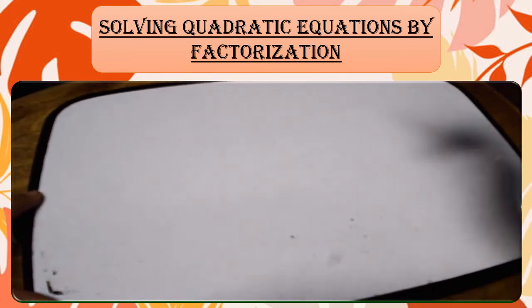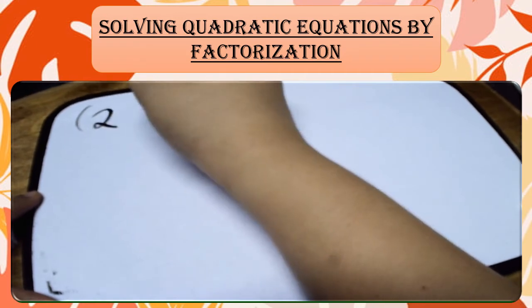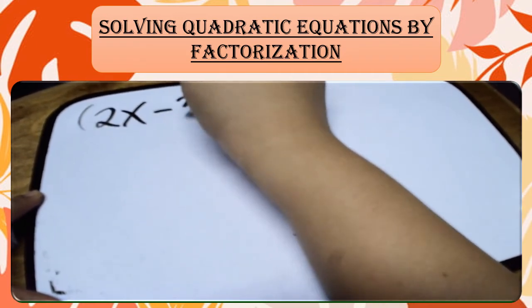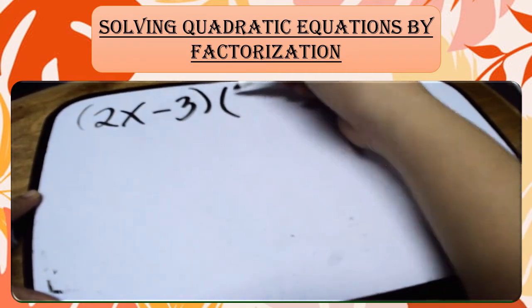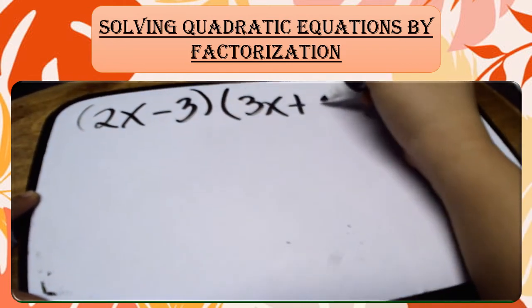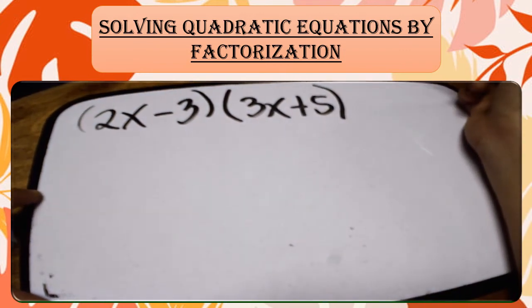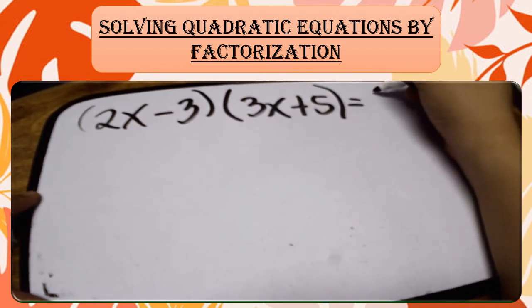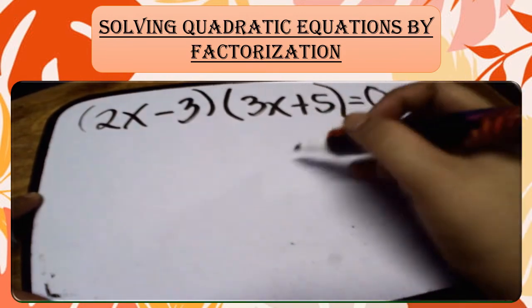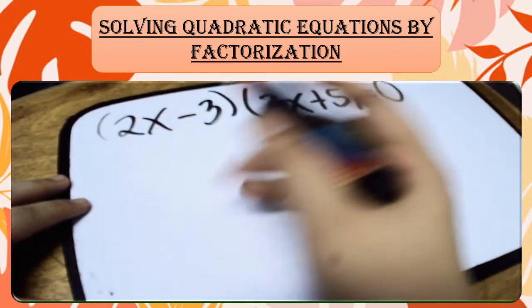Next, we have 2x minus 3 multiplied by 3x plus 5 is equal to 0. Let's get the value of 2x minus 3.